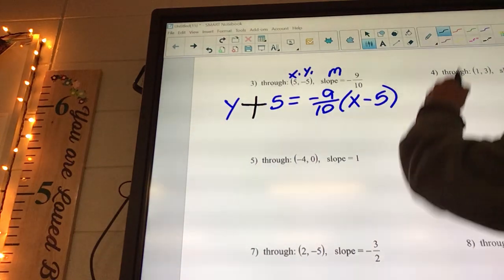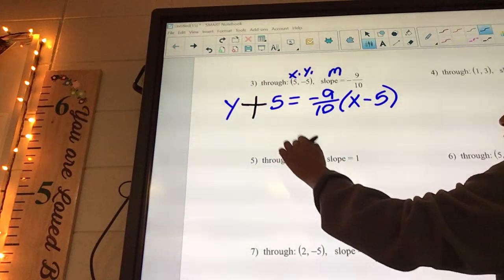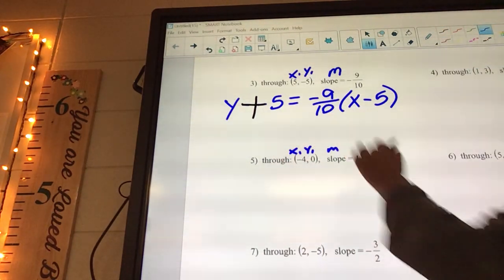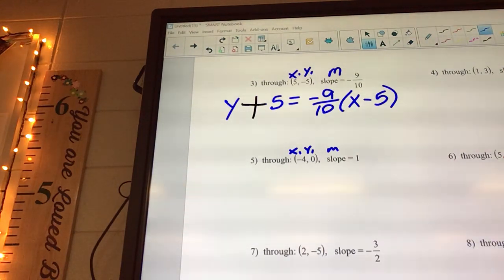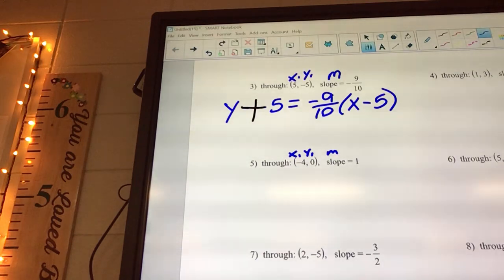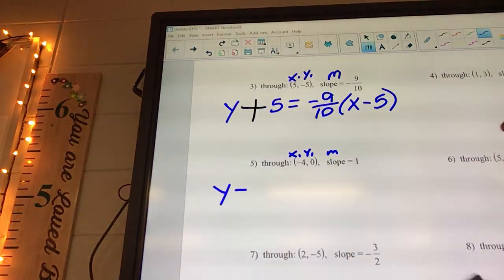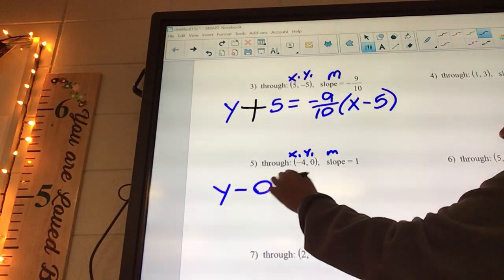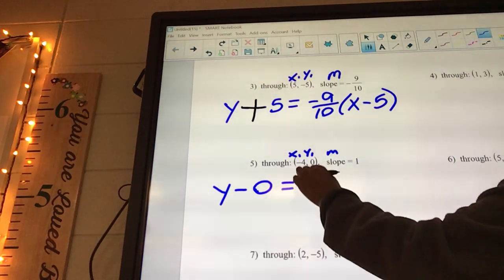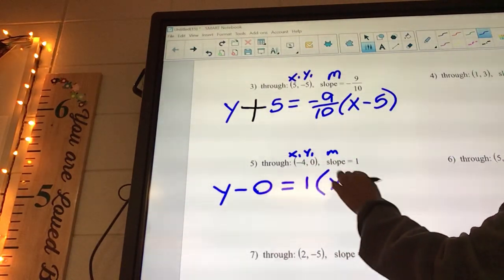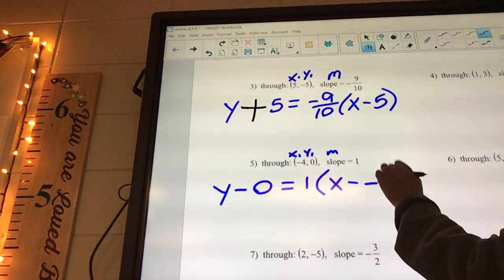Okay, number 5, we can go ahead and label x1, y1, and this is my m. Okay, so I have y minus my y1 is 0 equals, well, my m is 1. X minus my x1 is negative 4.